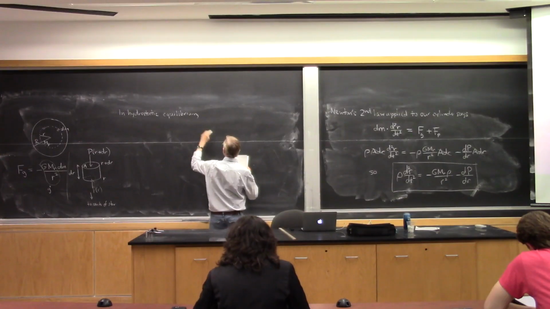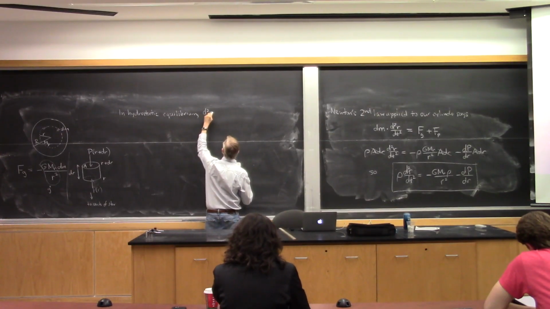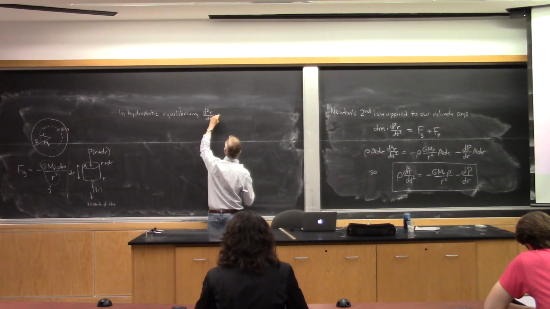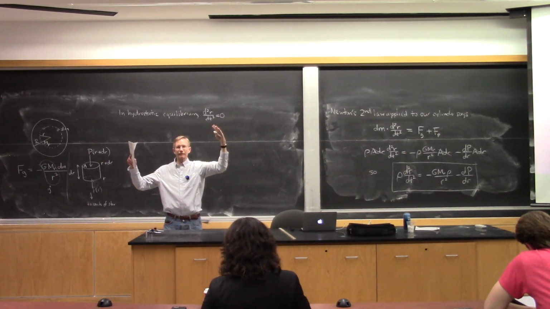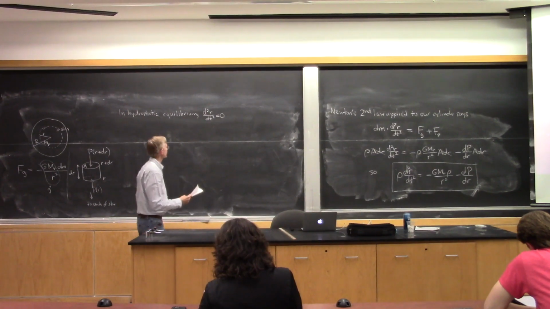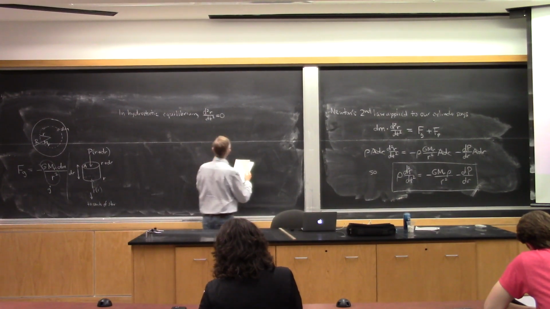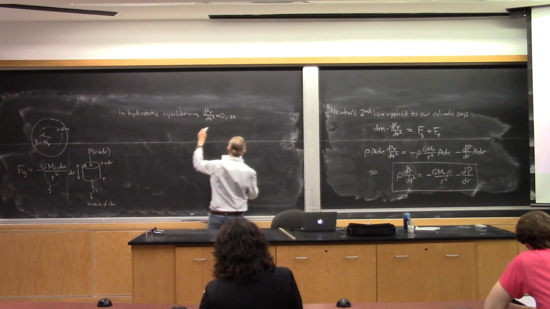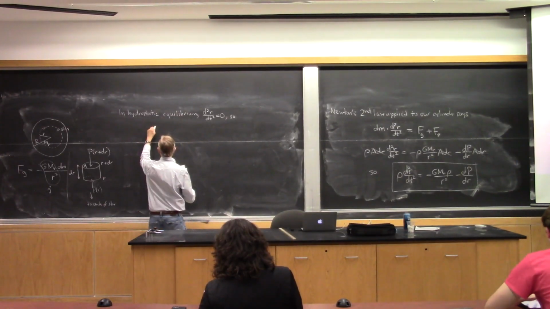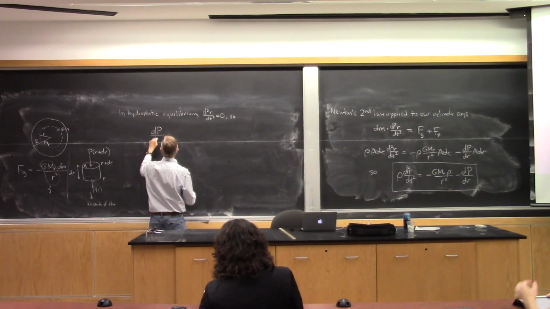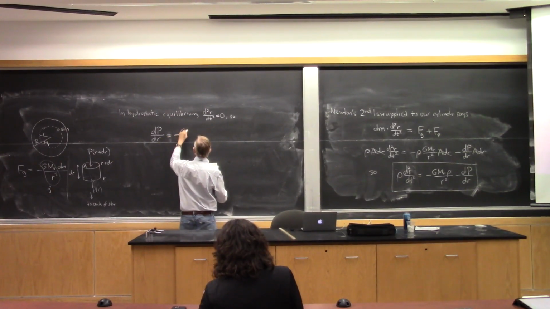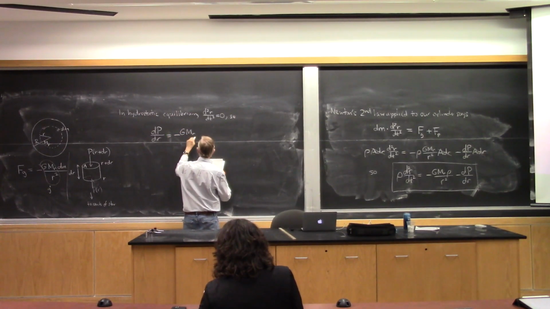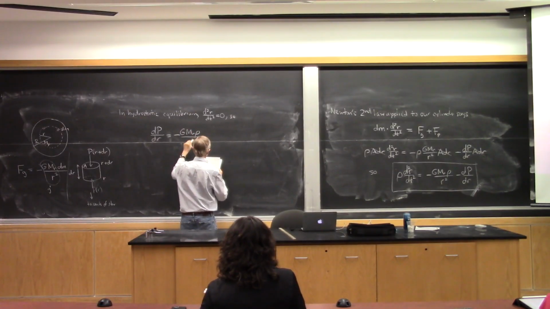If our star is static, neither expanding nor contracting, d squared r dt squared is equal to 0. And so we get that dp dr is equal to minus G m sub r rho over r squared.